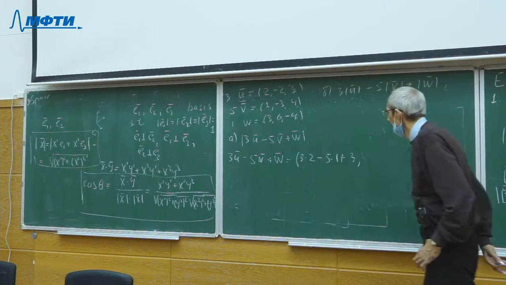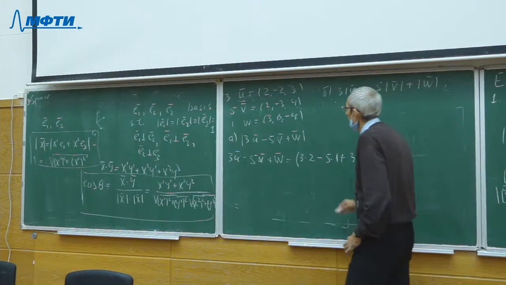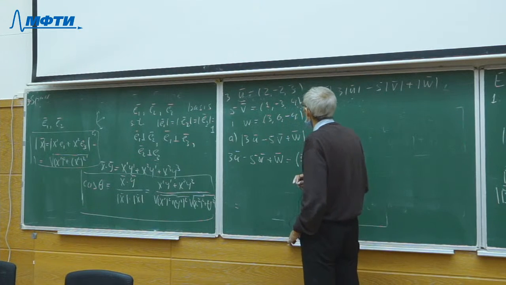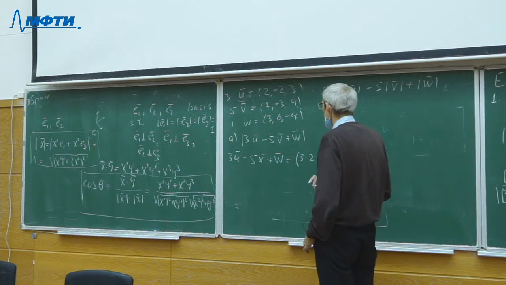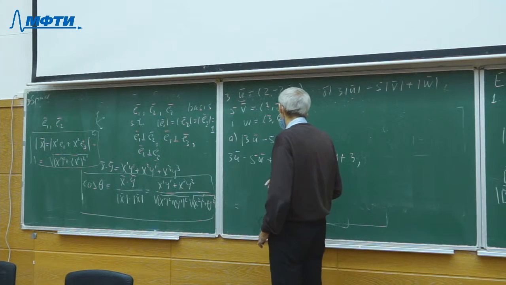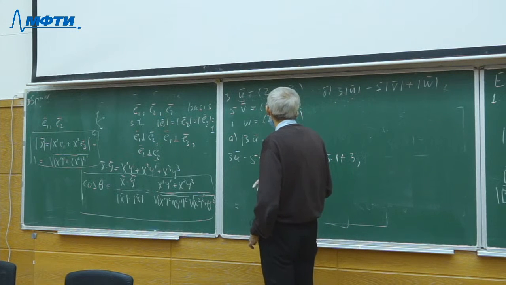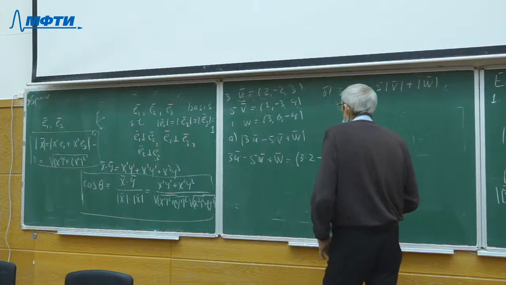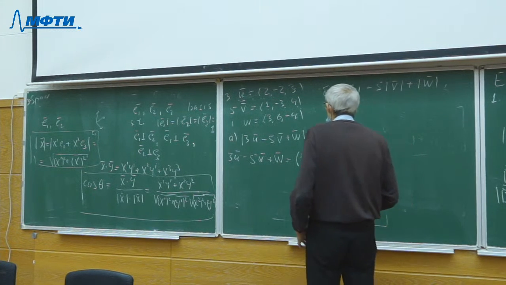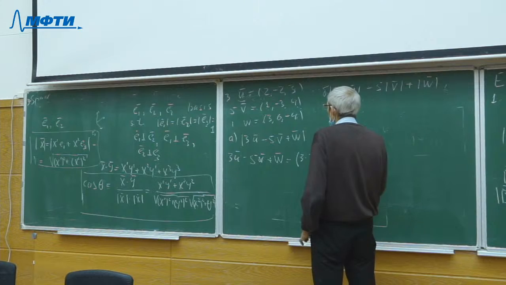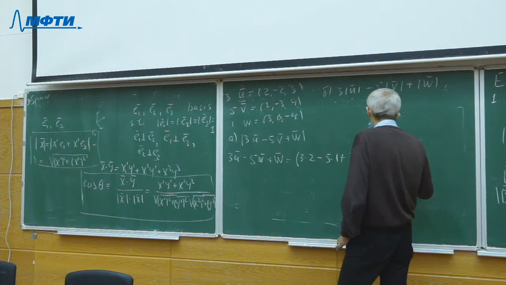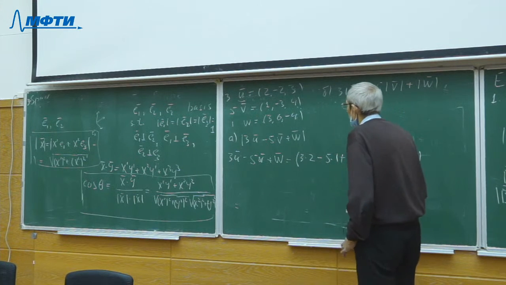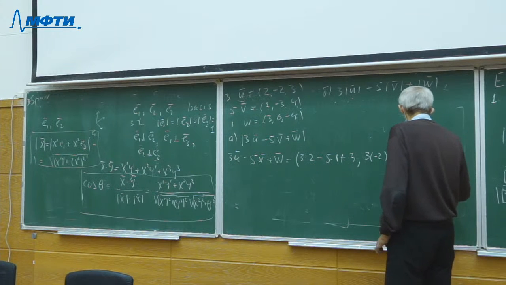For the second, minus 6 plus 15 is equal to 9, and plus 6, and we obtain 15.